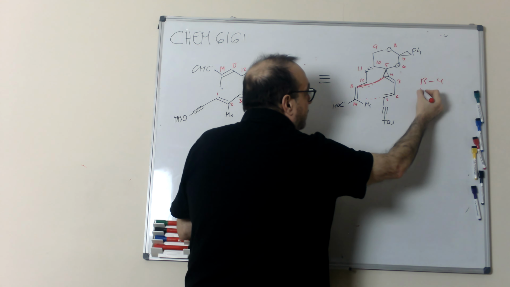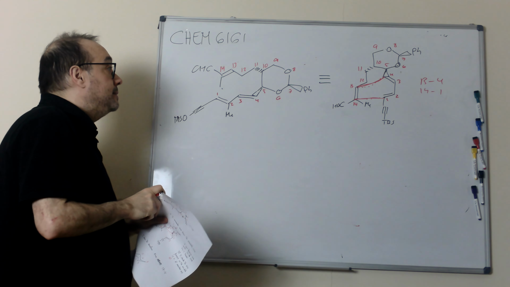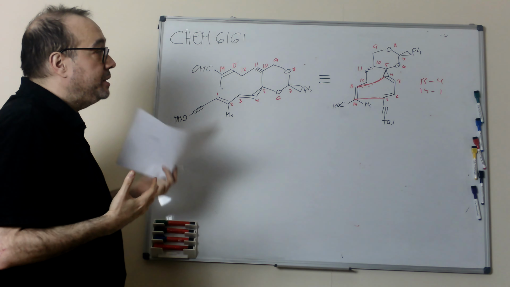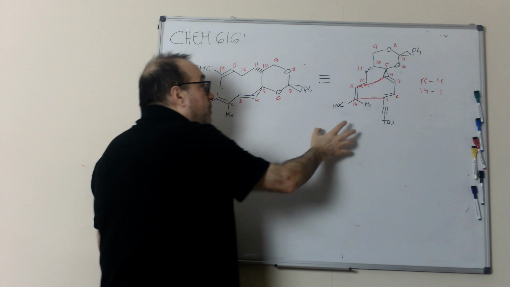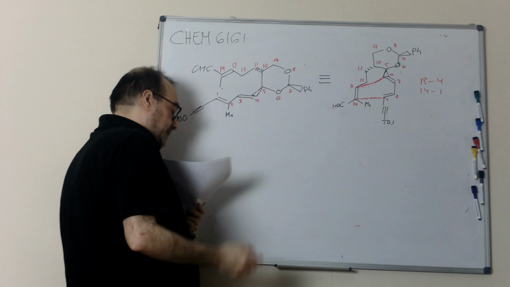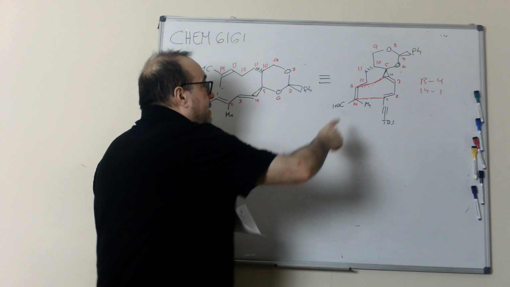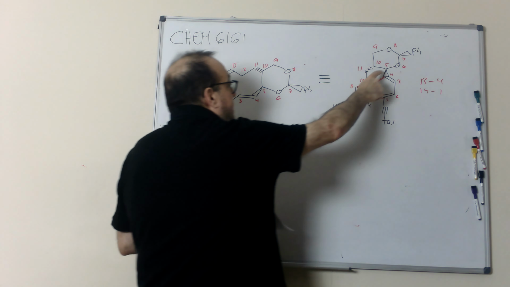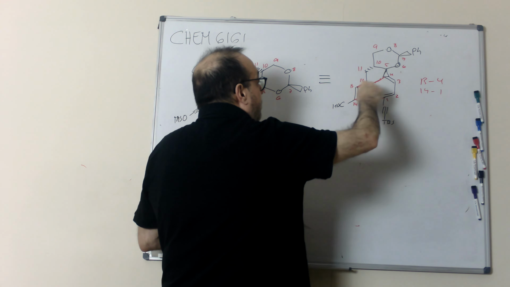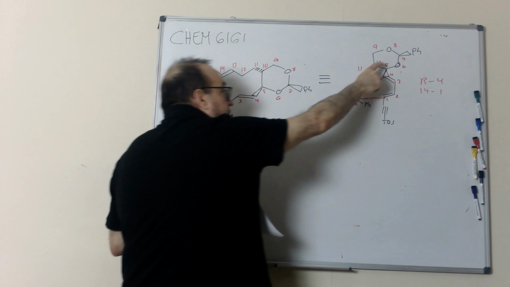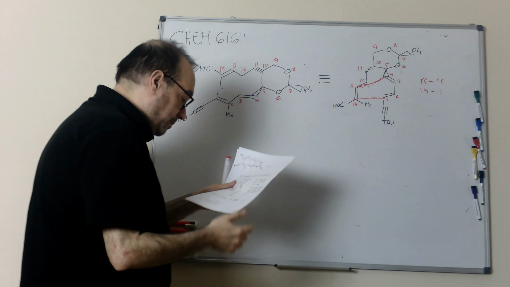We are forming these two bonds. What we need to do is to draw this compound in the right conformation. If we take a look, here is a 6-member ring, and here 1, 2, 3, 4, 5, 6-member ring. We are forming two 6-member rings.